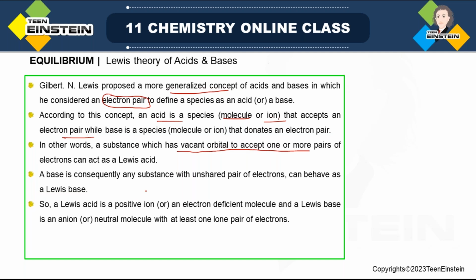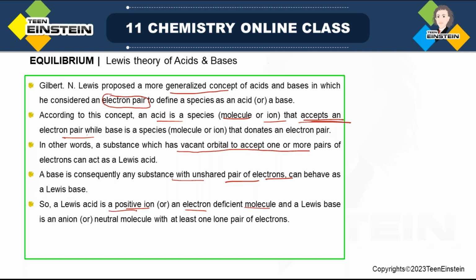And a base is any substance with an unshared pair of electrons. There must be an unshared pair of electrons, then only it can donate this electron pair. Fine. A Lewis acid is a positive ion or an electron deficient molecule. As a Lewis acid is something which accepts an electron pair, there must be some deficiency, otherwise why would it accept electrons?